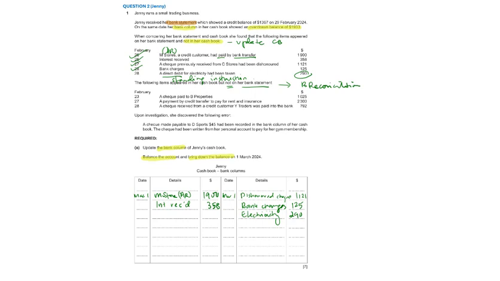But look at this. Upon investigation, she discovered the following error. A check made payable to the sports club, 45, had been recorded in the bank column of her cash book. By right, no problem, no issue, because that's correct.